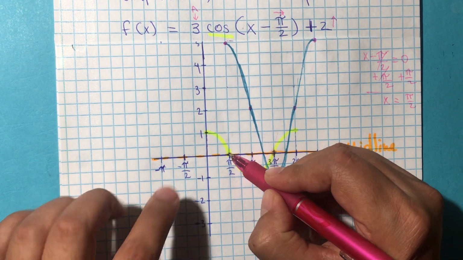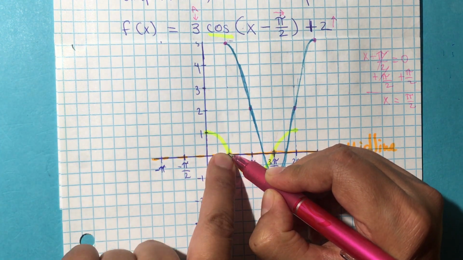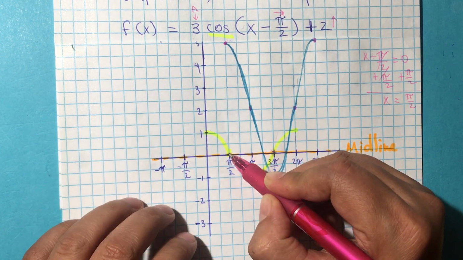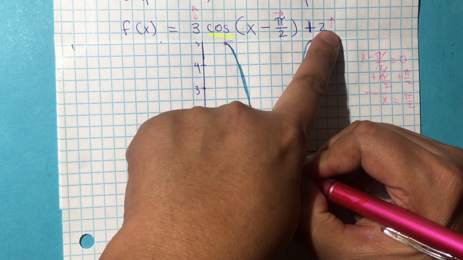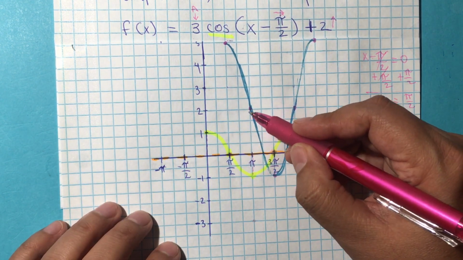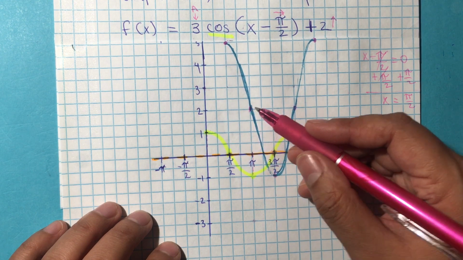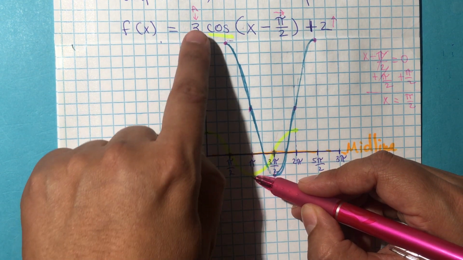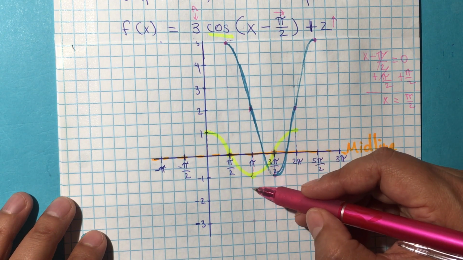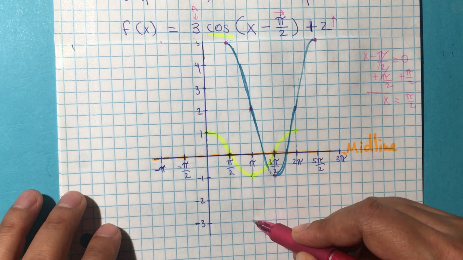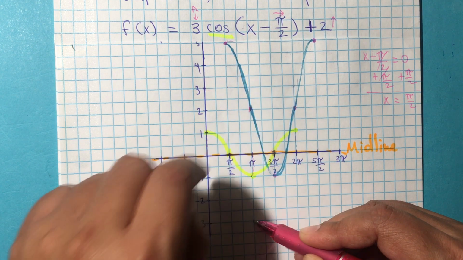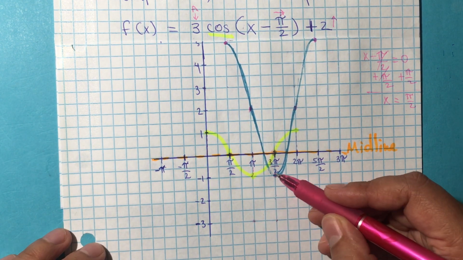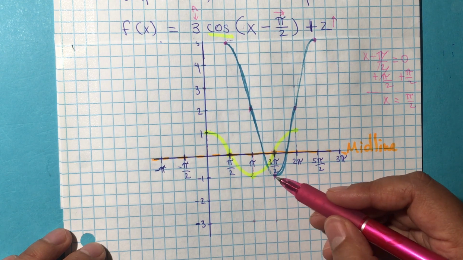In here, 3 times 0 is 0. The shift to the right is pi over 2, and then 2 movements up, 1, 2. That's my new point. For this one, it's -1 times 3 is -3, so 1, 2, 3. But then pi over 2 to the right, and 2 spaces up, and that's my new point.